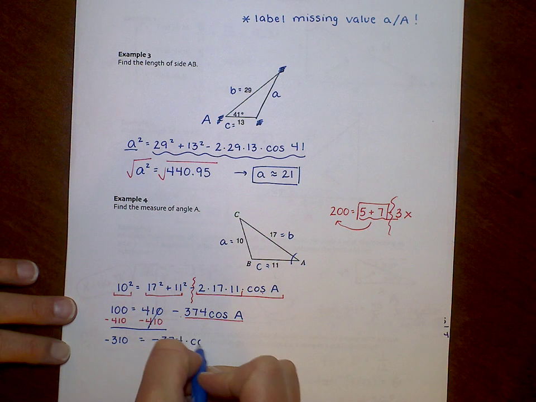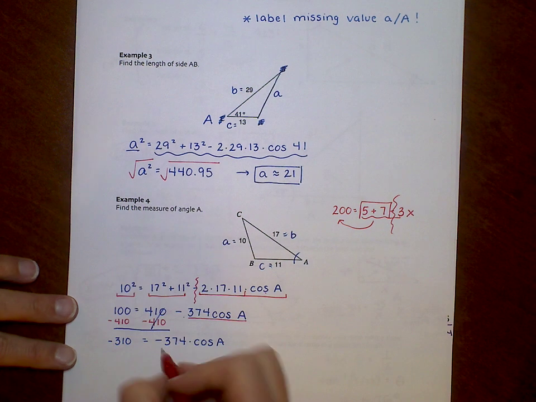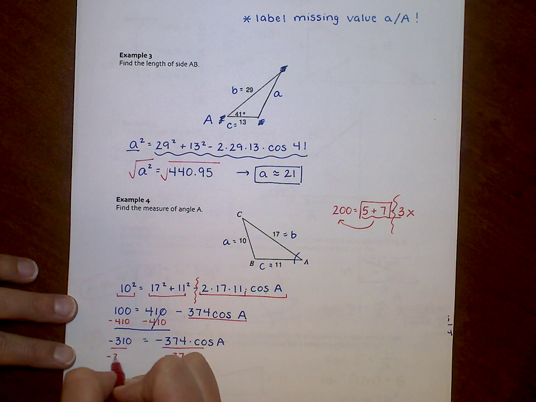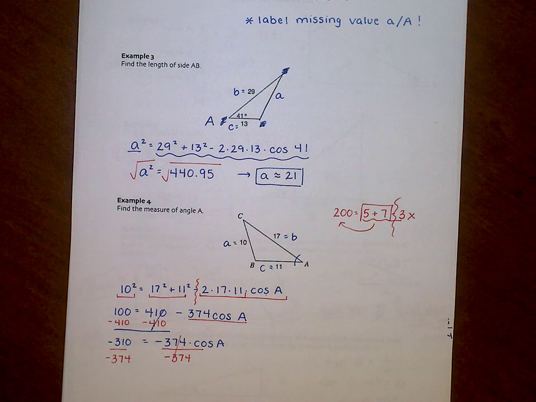And this is multiplication. Now to separate that negative 374, I'm going to divide. Okay, so 310 divided by 374 is 0.8289.